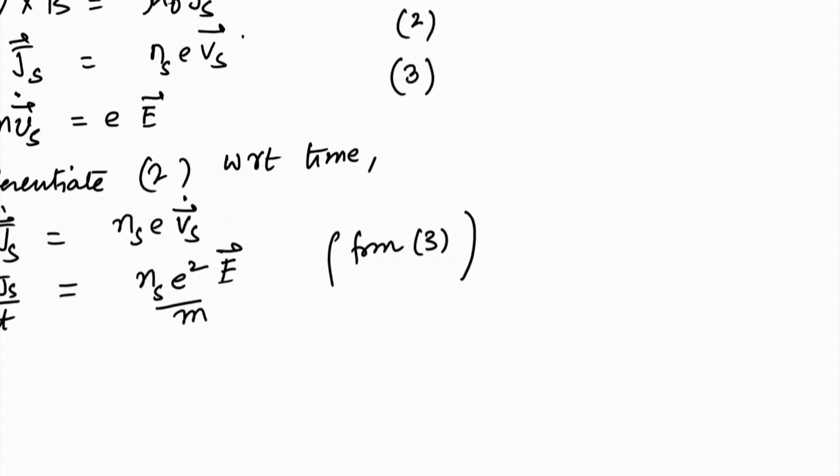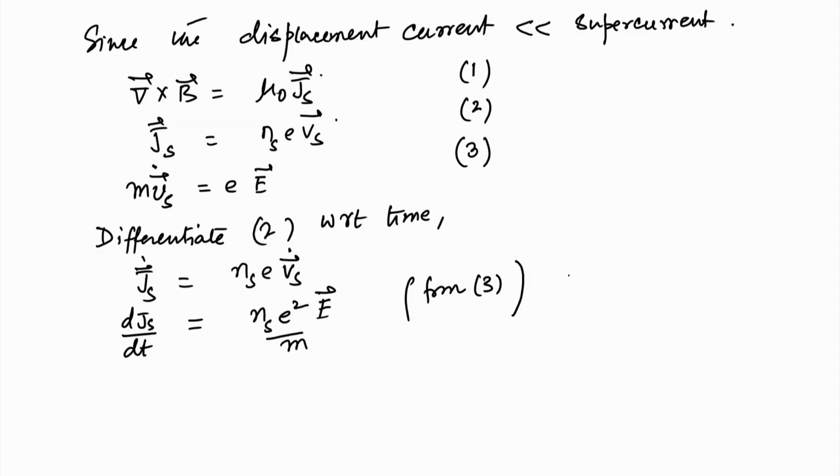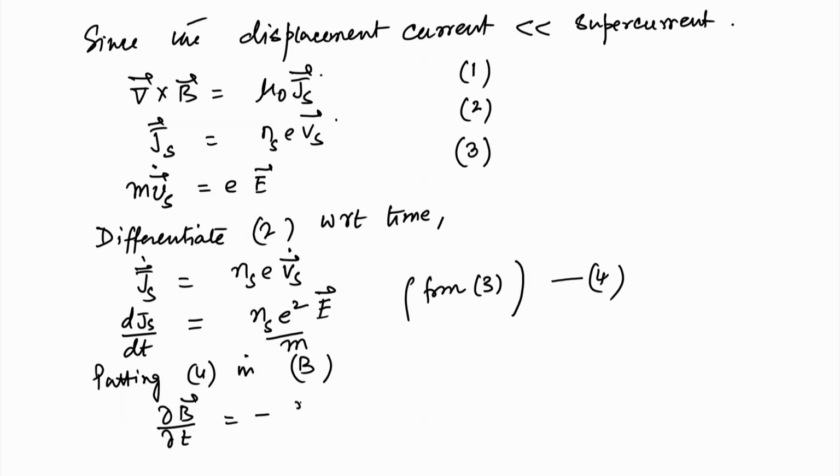Now, let us call this equation 4. If I put 4 in B, putting 4 in B, I will have del B del t equal to minus m by N_s e square curl of del J_s del t.